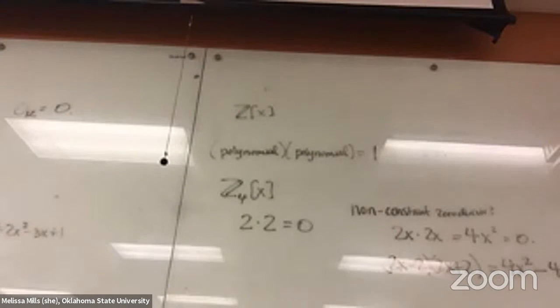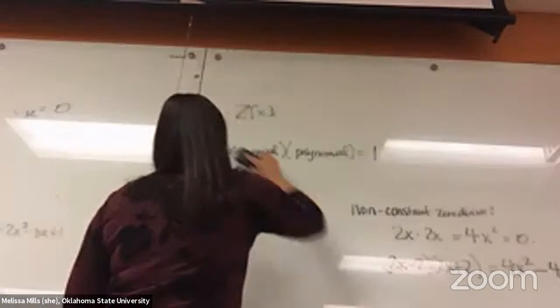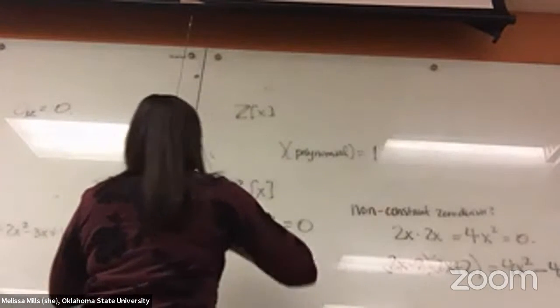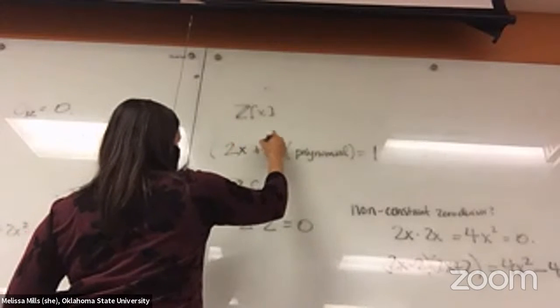Can we have any non-constant units in Z adjoin X? No. There would have to be something like a polynomial, like 2x plus 1, right?